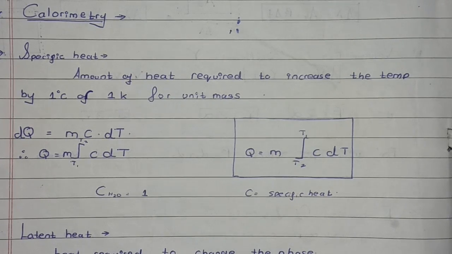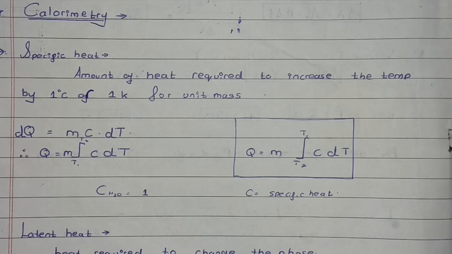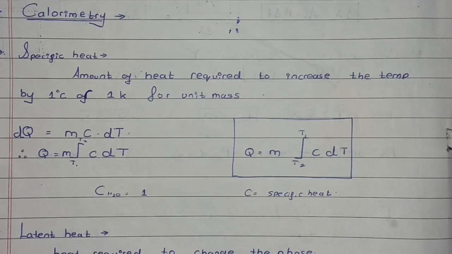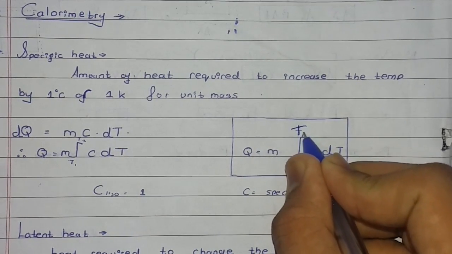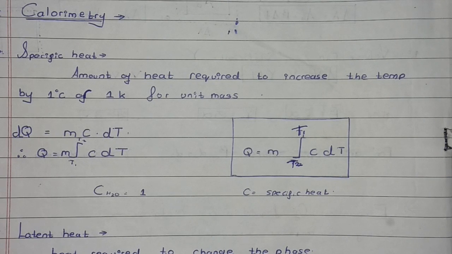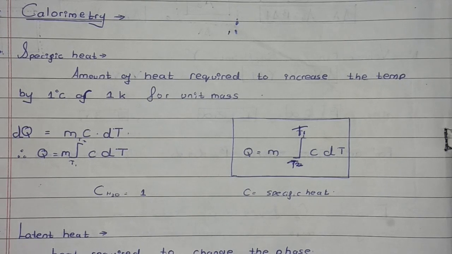So no need to explain, it's simply an explanation. dQ is the amount of heat. dQ equals m c dT. dQ is change in amount of heat, so Q equals m, which is constant, goes out, m into integral of c dT, from T1 to T2, that is its limits ranging from initial to final temperature. C is specific heat. As you can see here, it differs from compound to compound; for water c is 1.